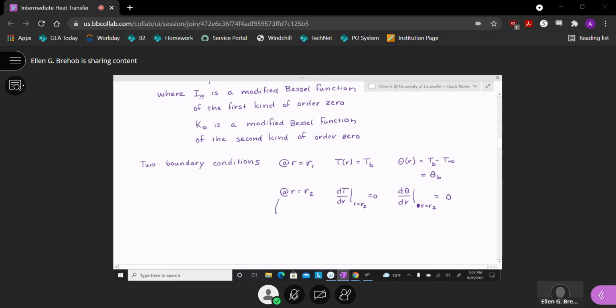Okay. And just reminding you, this would be the adiabatic fin tip condition.